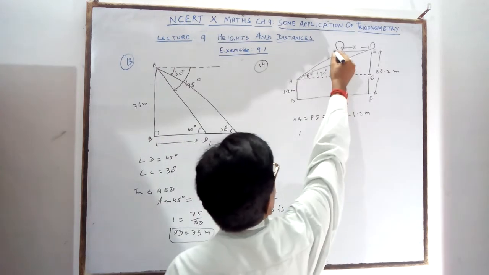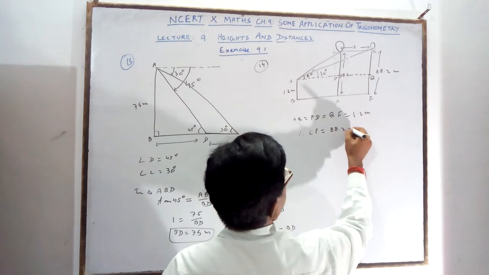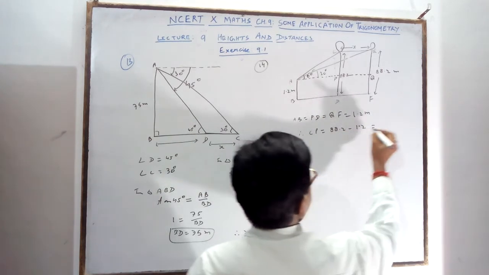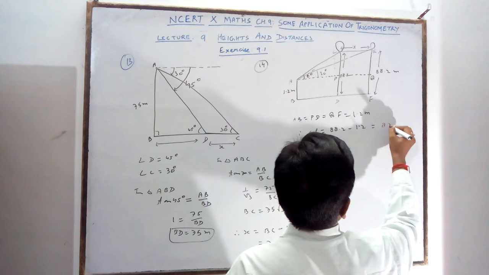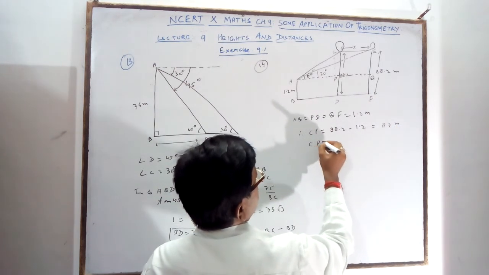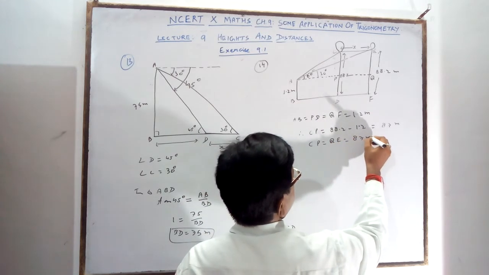So you will find CP. CP is equal to 88.2 minus 1.2, that is 87 meters. CP is equal to QE is equal to 87 meters.